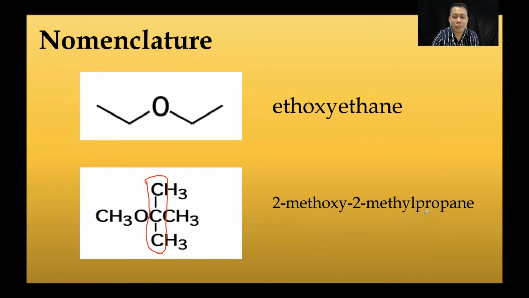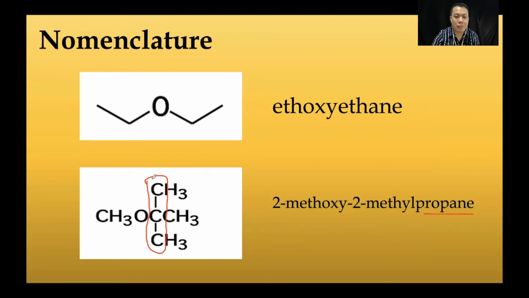So that is the propane group. Then you can label it, since they are of equal side, whether you start here on top or here at the bottom, the OR will receive the same number, which is 2.